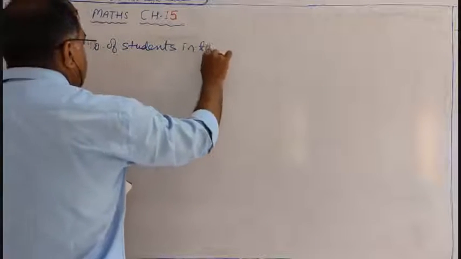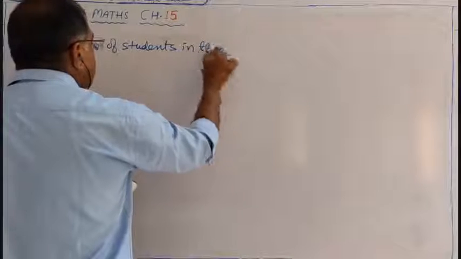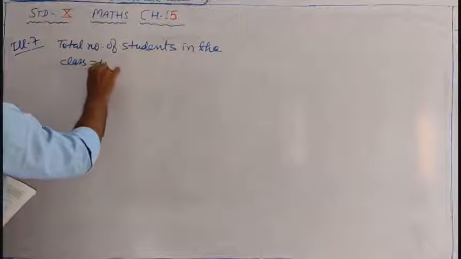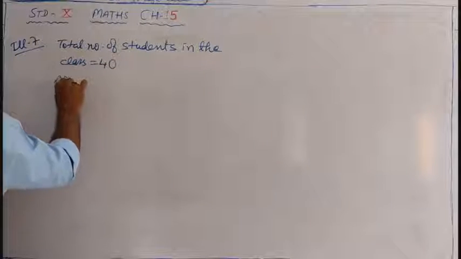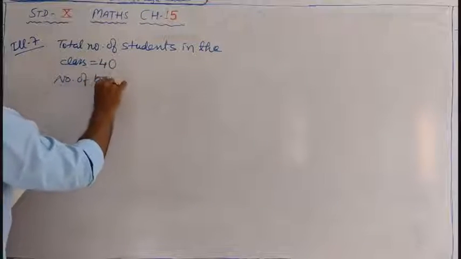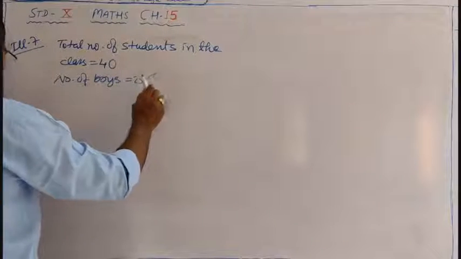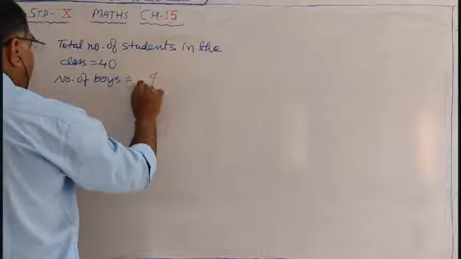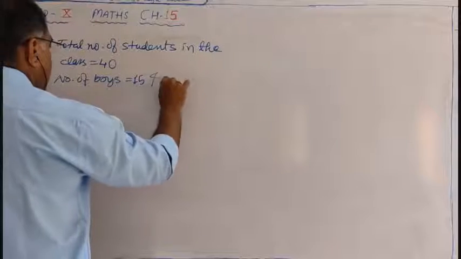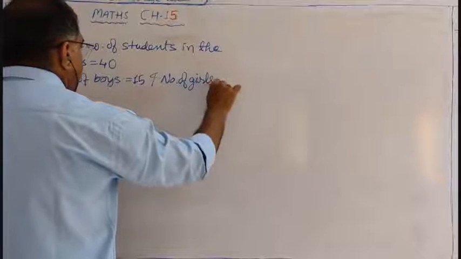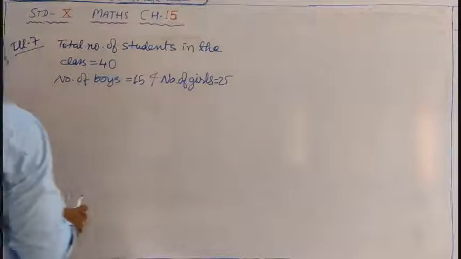in the class is 40. Number of boys 15 and number of girls 25. This is given.